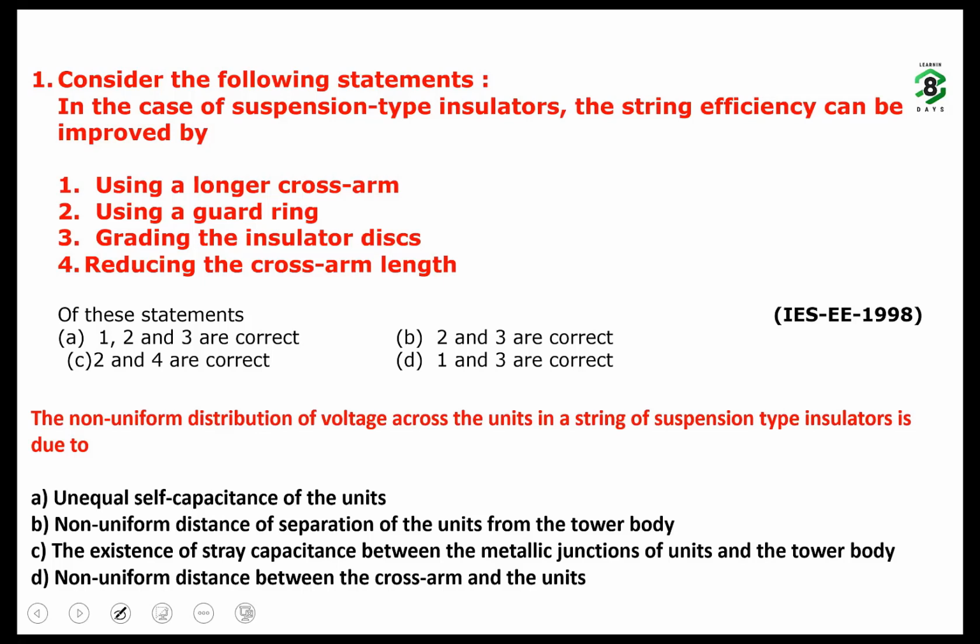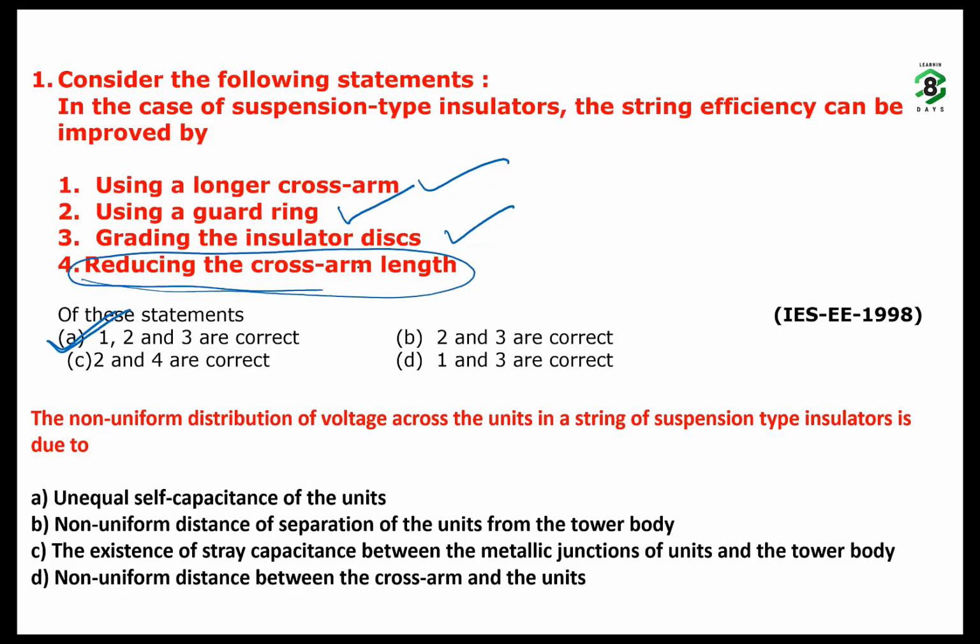Option A, 1, 2, 3. Good. So we can increase the string efficiency by using longer cross arms, by guarding, or by grading the insulator discs. By reducing the cross arm, we are going to decrease the string efficiency. So 1, 2, 3 is the right option.